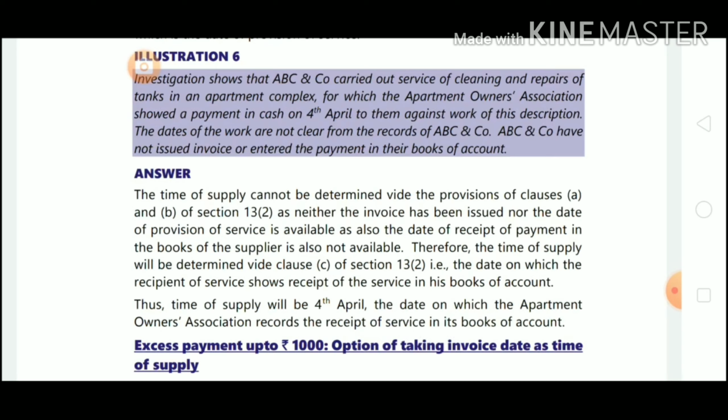Read this line again. In this case, when the supply records of the supplier are missing, TOS will be the date on which the recipient of service shows receipt of service in his books of account.